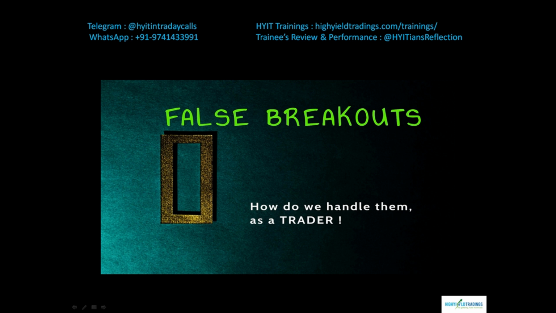First things first, what is a breakout? Let's say we have a stock whose price is 500 rupees, and when it reaches a particular price point of 510 rupees, it reverses back. It is not able to break that resistance level of 510 rupees and go up.